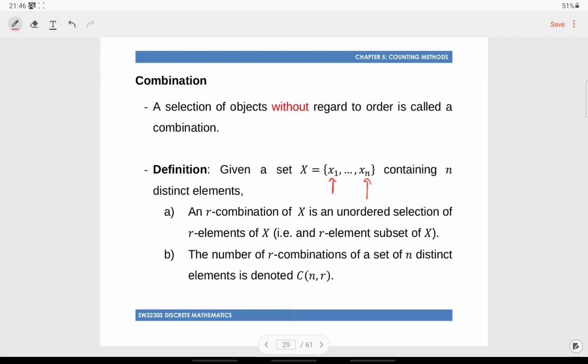So this time we are dealing with combination, so it is denoted by C(n, r).